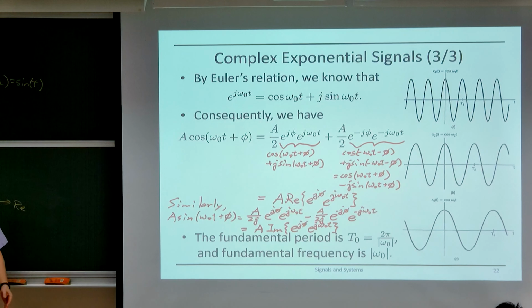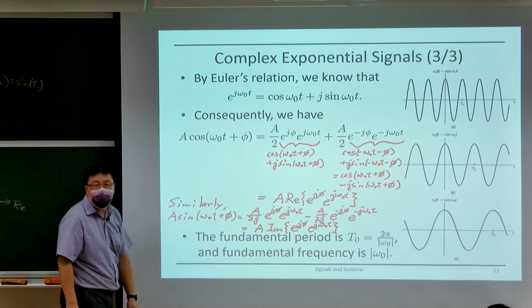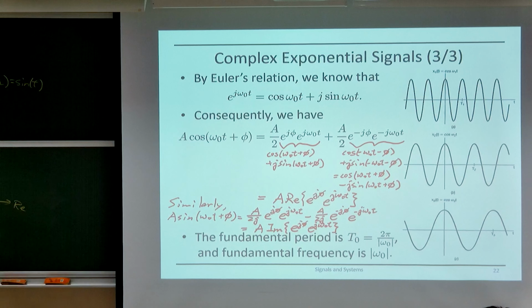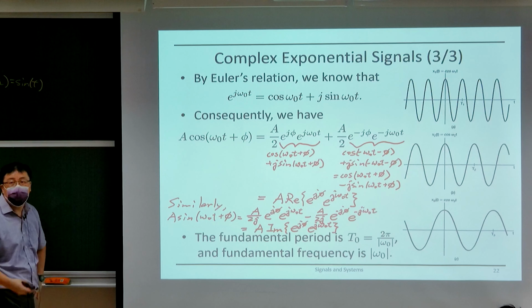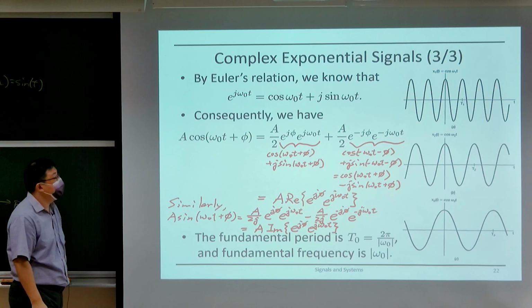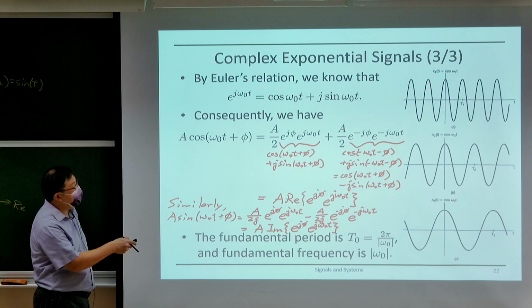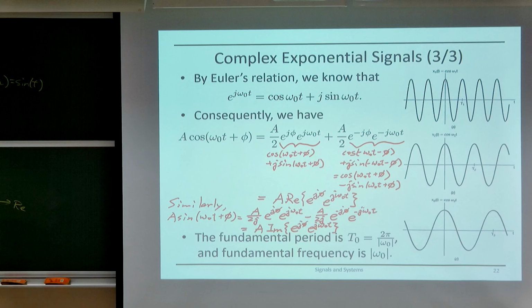So certainly if you increase the frequency by 2 times, you may still have a period of T naught, but that would no longer be the fundamental period. So the fundamental frequency determines fundamentally how fast this sinusoid varies over time. Here we have an example of 3 sinusoids with different fundamental frequencies.